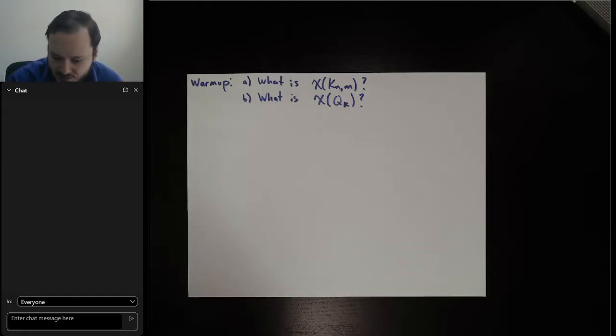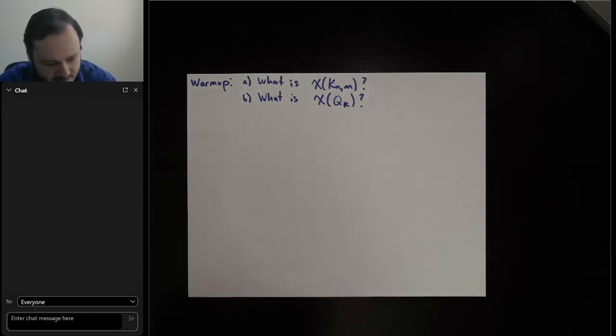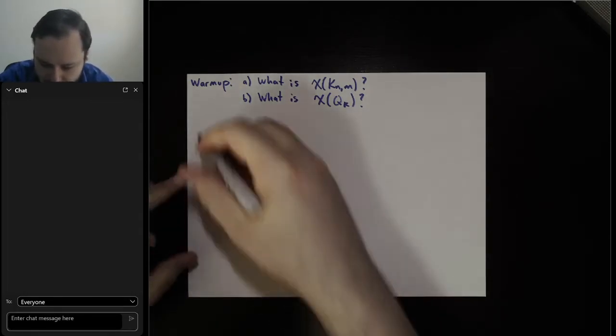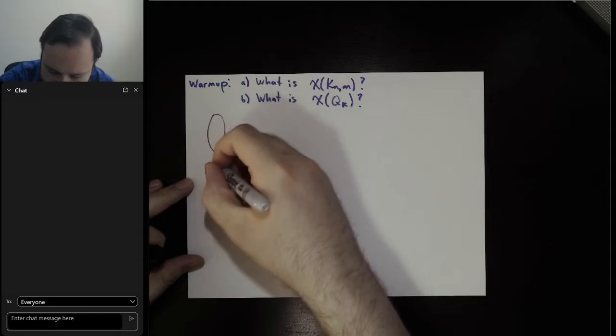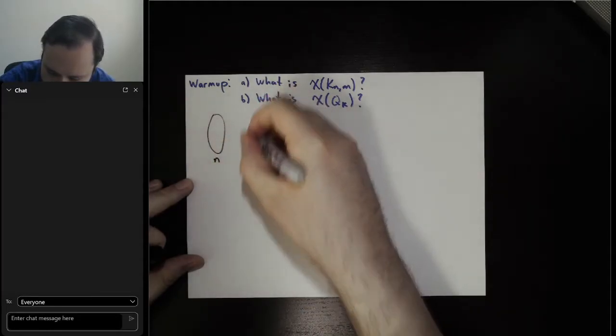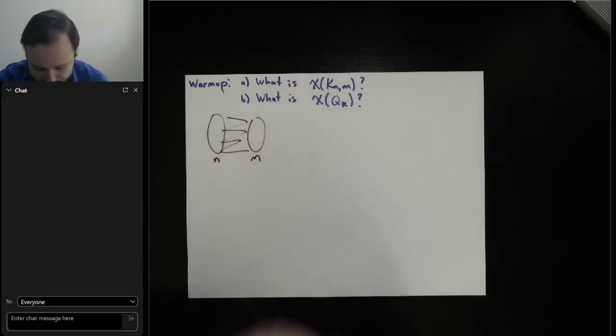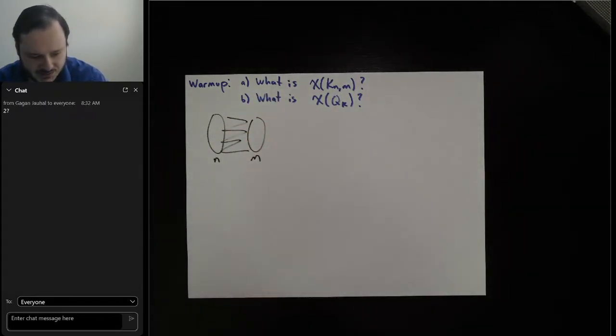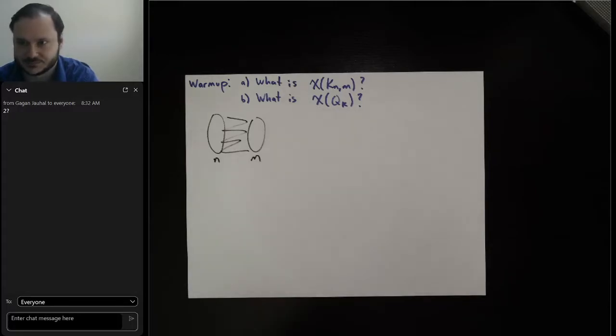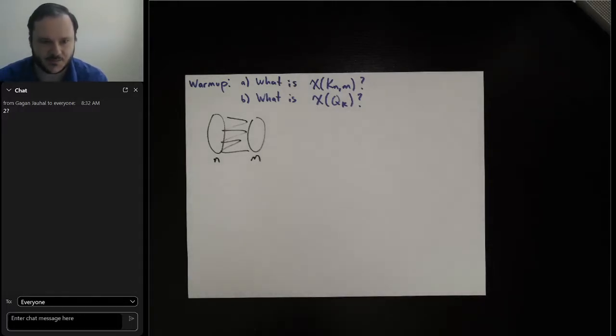So, start us off. What is the chromatic number of K_{N,M}? If I've got a bunch of vertices over here, a bunch of vertices over here, I have all the different edges between them. How many colors does it take? Yeah, really good.